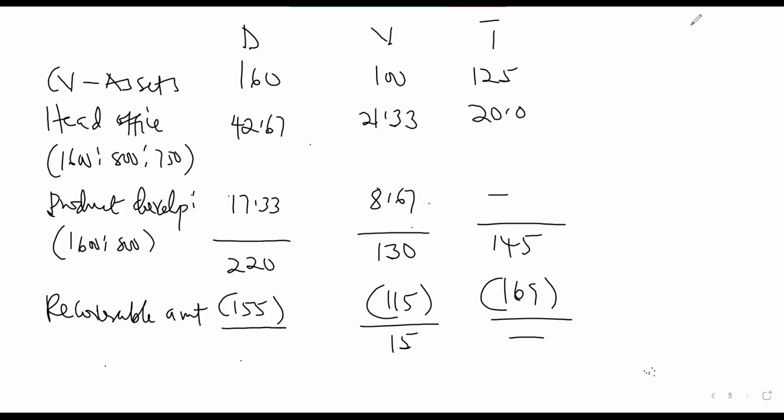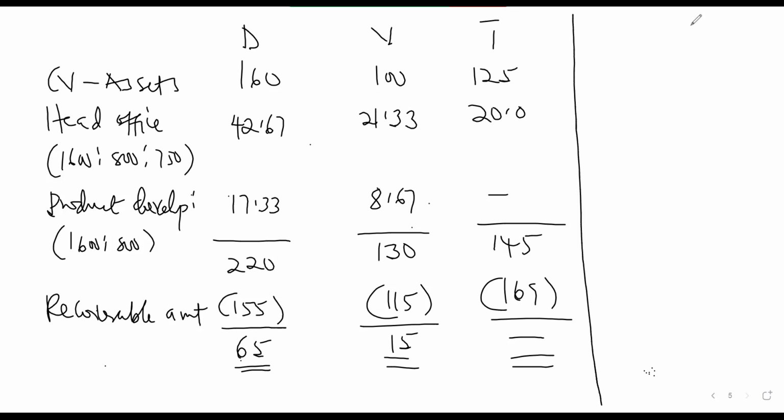So what will be the impairment loss for the 65? Okay. So what will be the total impairment that will be charged to profit or loss? 80. Okay.